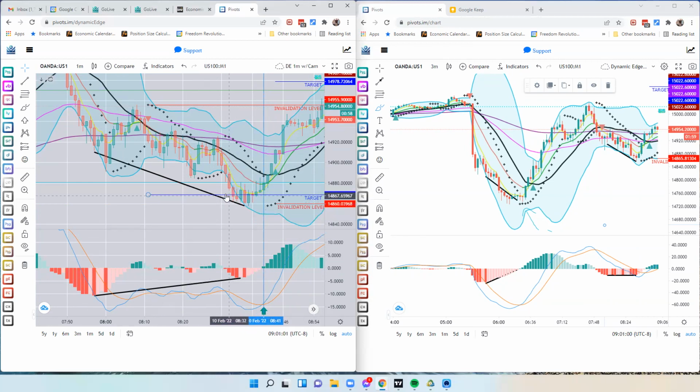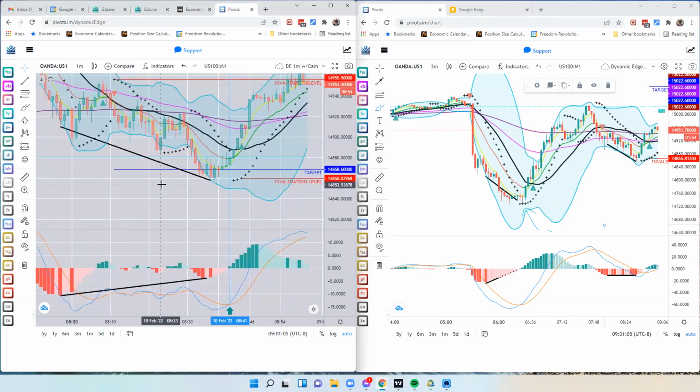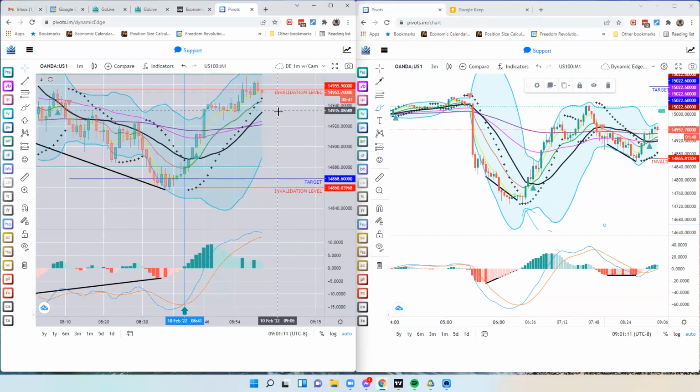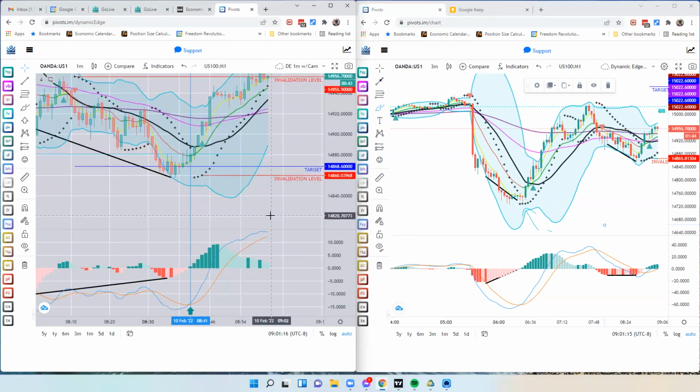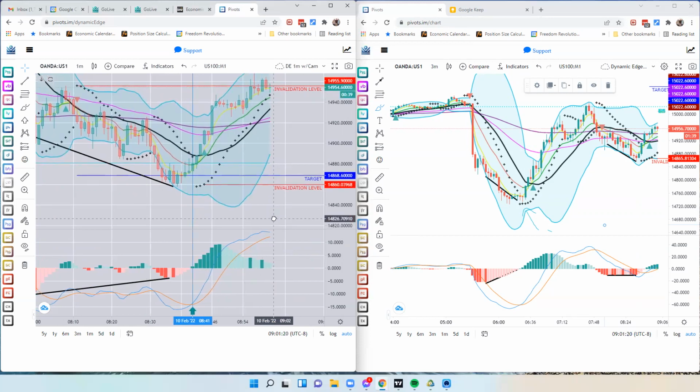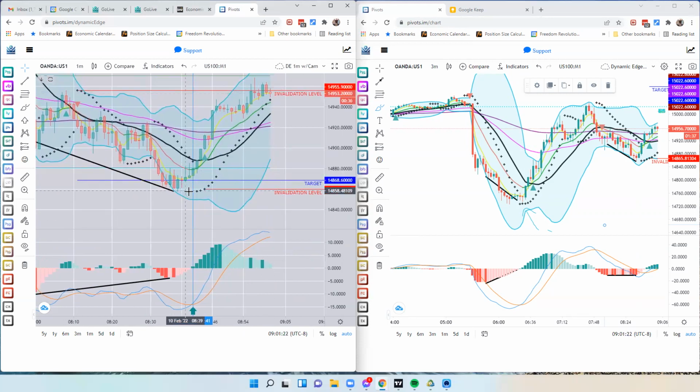Because what if this market, with the divergence, continued to go down? That's fine, because you're not in it. You're waiting for your confirmations to happen. We're like the predator on the African savannah, crouched down in the grass, waiting for just the right moment to jump out. That's kind of how we look at these markets.